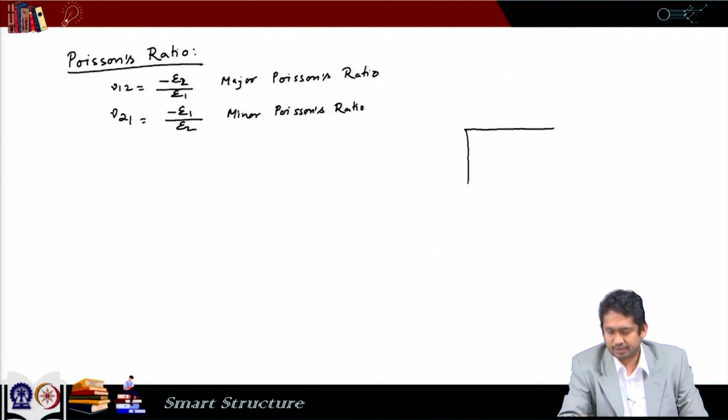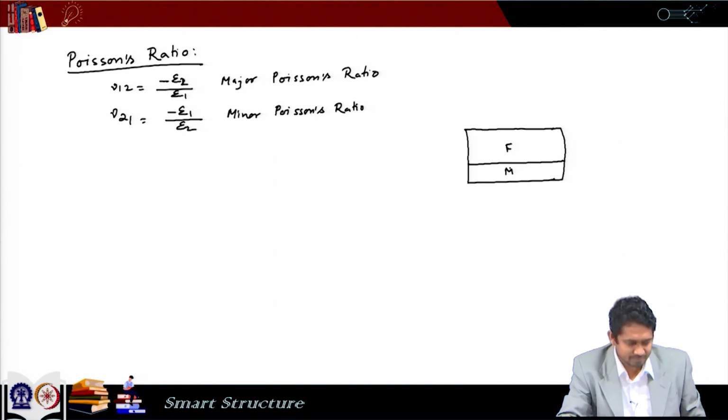Now, again if we draw the idealized diagram, we have the fiber on one side and the matrix on the other side, and let us say it is loaded in direction 1.